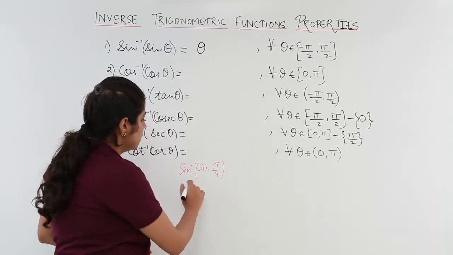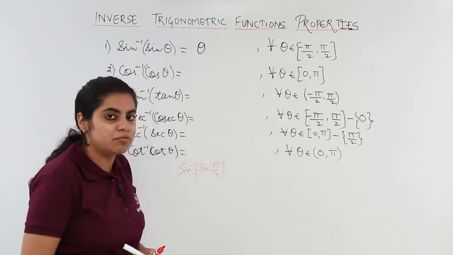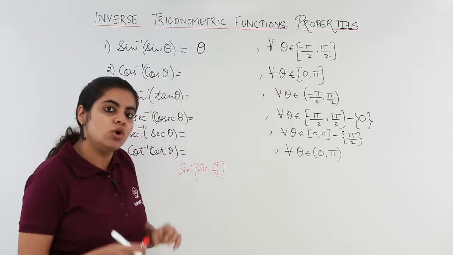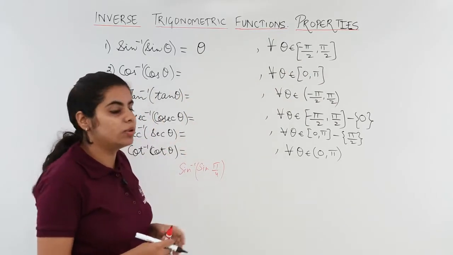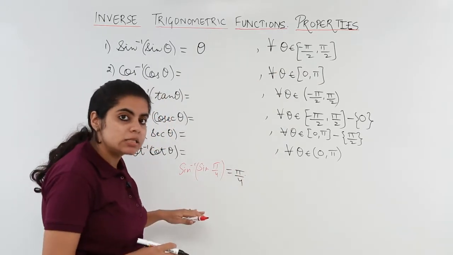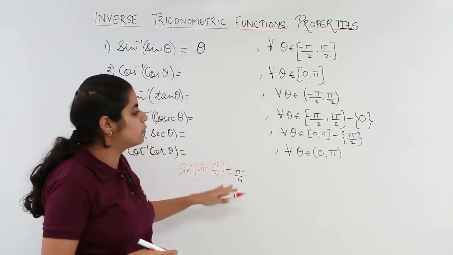For example, pi by 4 lies between minus pi by 2 to pi by 2, so the answer is theta only, which is pi by 4.